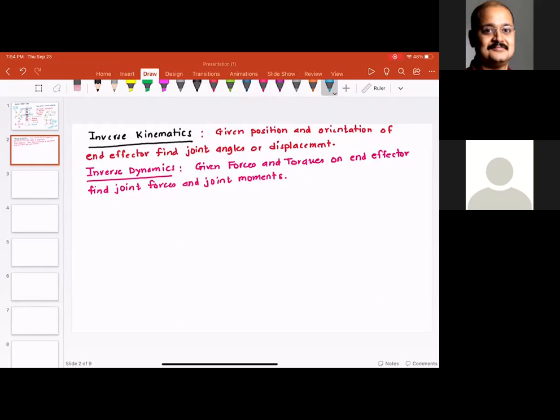The inverse kinematics problem can be solved using the geometry technique, and it can also be solved using analytical technique, and it can be solved using the numerical technique.